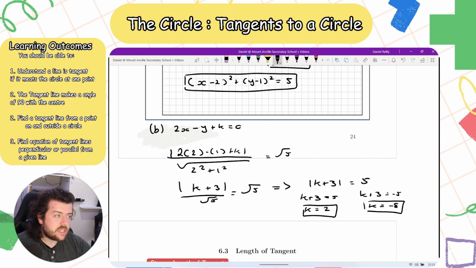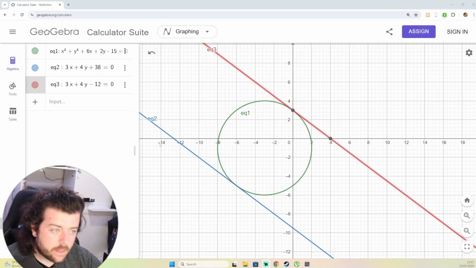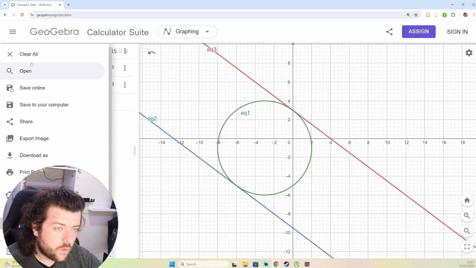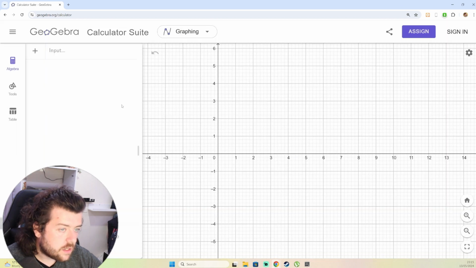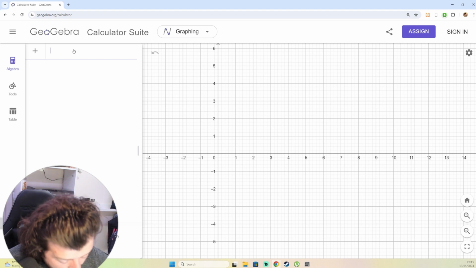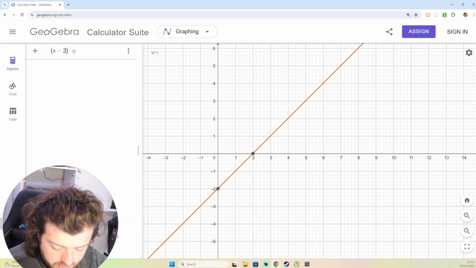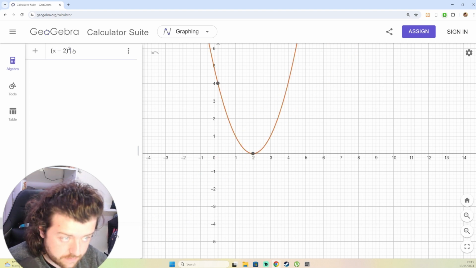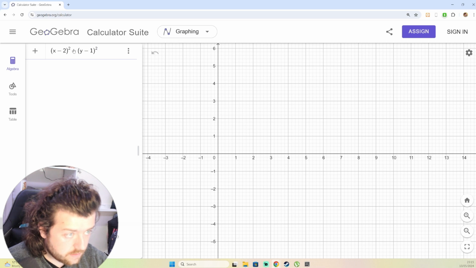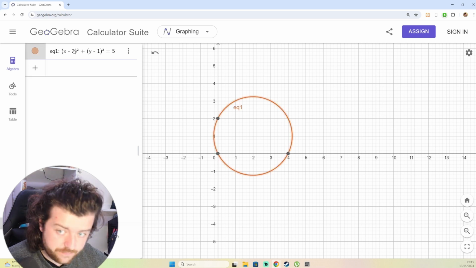So let's test our answer now on GeoGebra. Let me just start anew. Right, so the equation of the circle from that question, that I got anyway, x minus 2 squared plus y minus 1 squared equals 5.